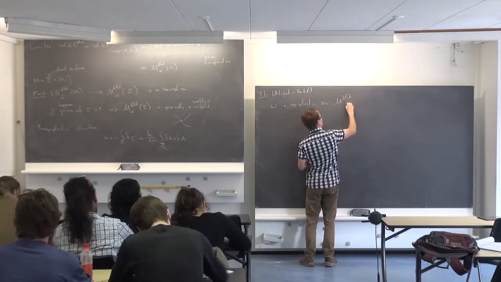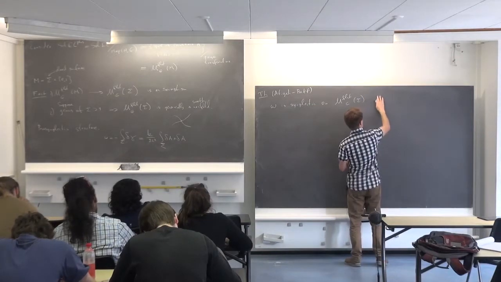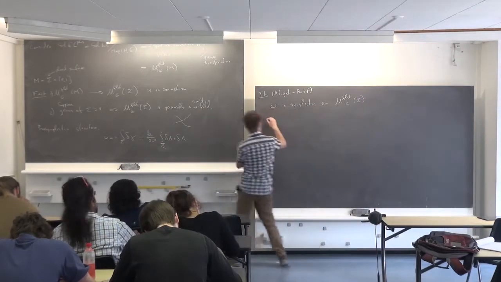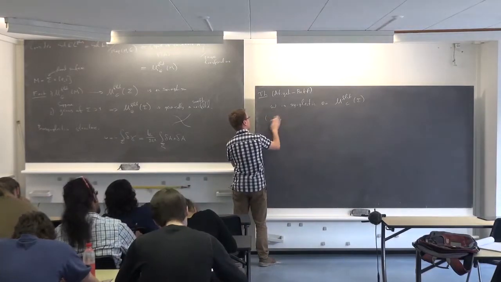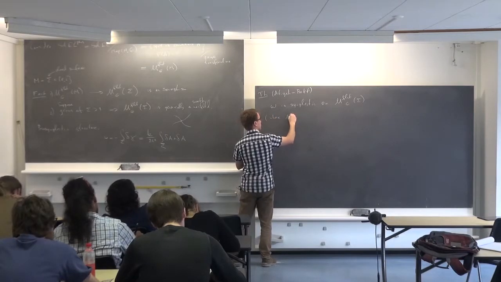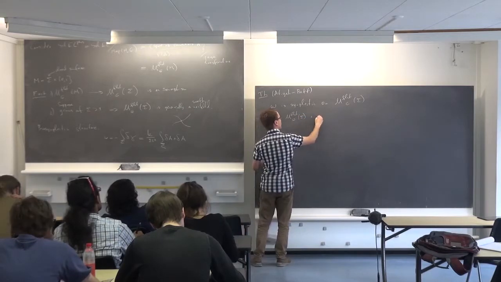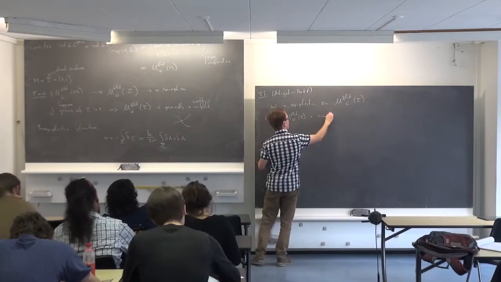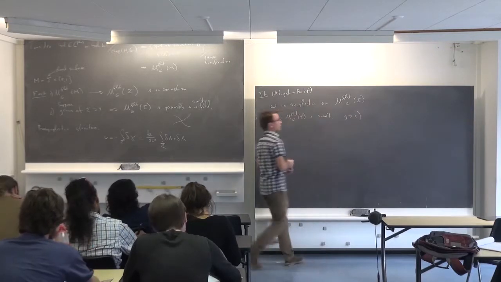A few caveats: here I consider the locus where this is actually smooth, so the genus is at least 2.